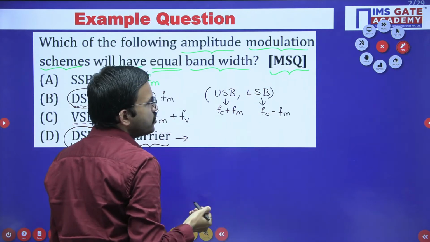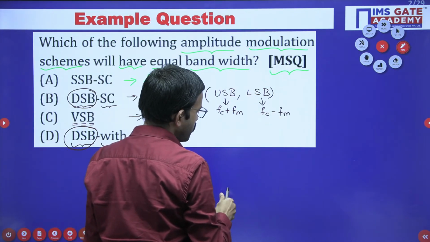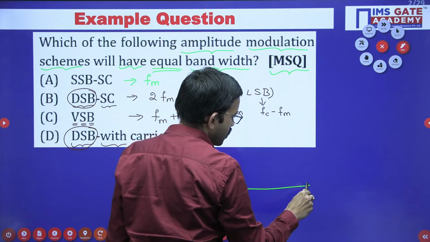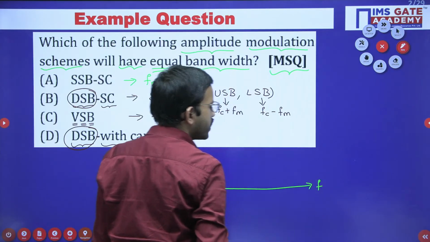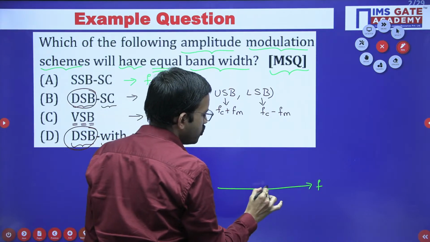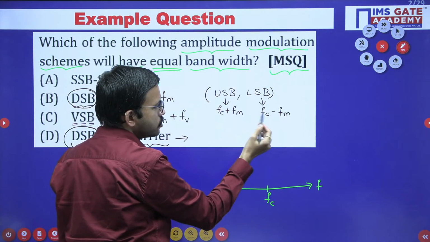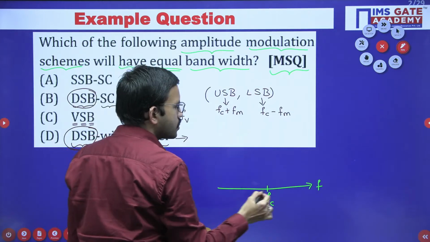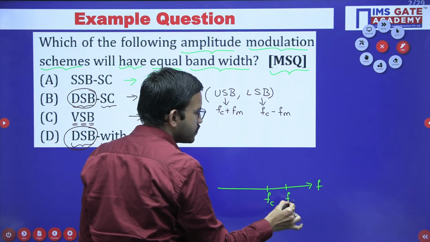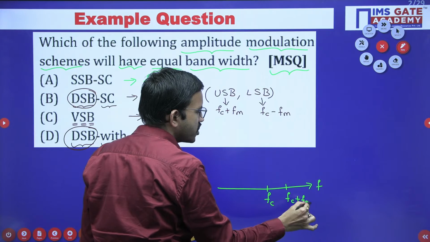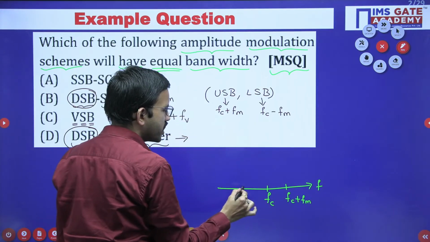When you have a normal frequency line like this, here you will have the center frequency, that is the carrier frequency. Now you are getting two frequencies. FC plus FM you will get here, and FC minus FM you will get here.